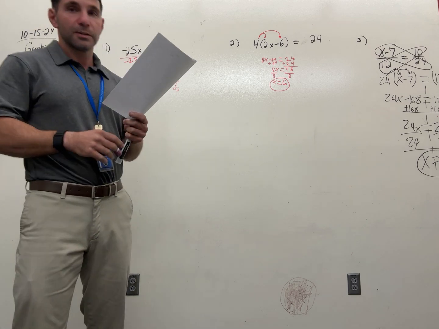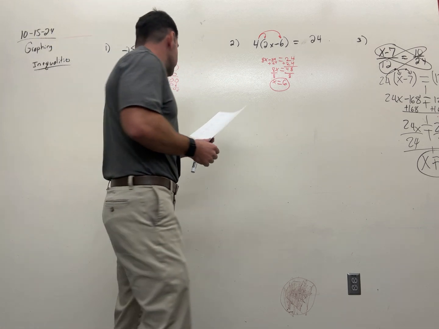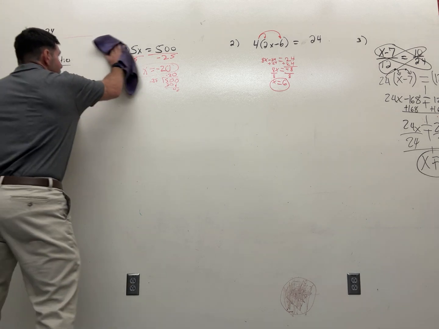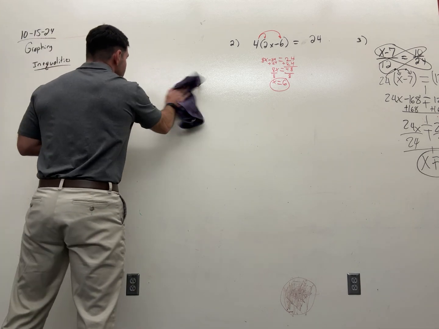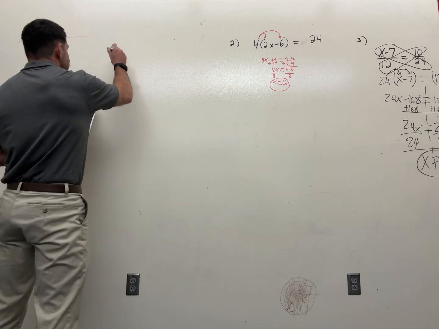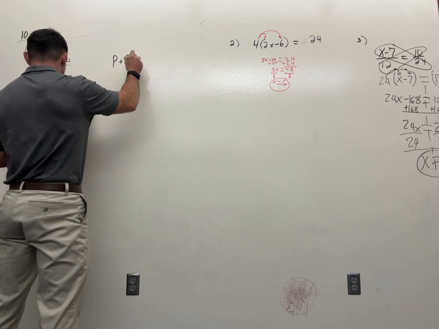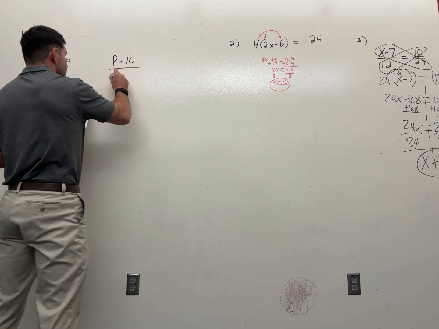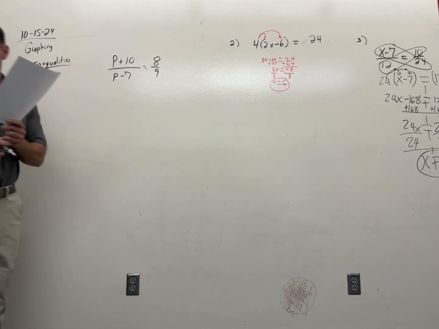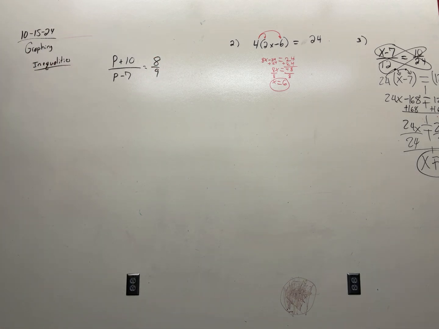Okay, let's do 17. So we have p plus 10 divided by p minus 7 equals 8 divided by 9.